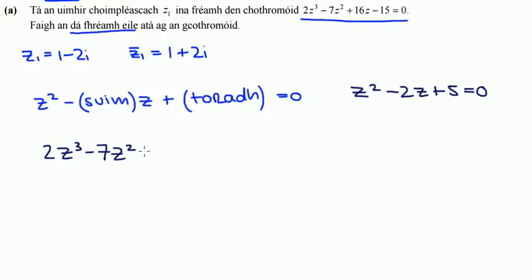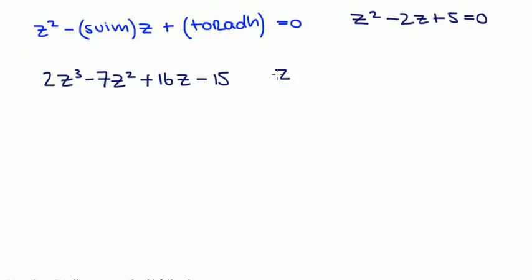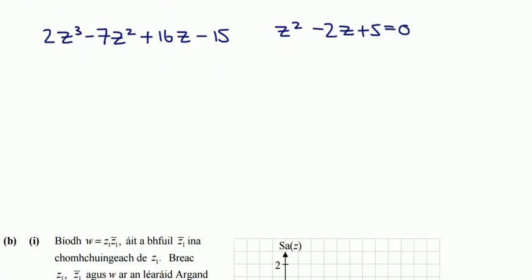So we have 2z cubed minus 7z squared plus 11z minus 15 equals 0. And we're going to divide the quadratic, so z squared minus 2z plus 5, into that. Instead of doing long division, I'm going to use the Roinn model method.